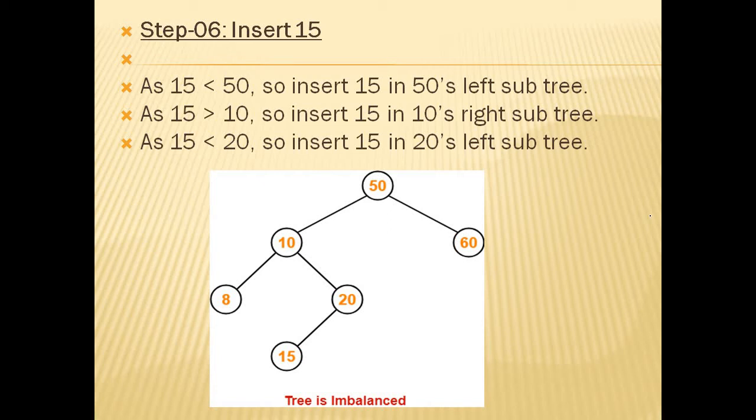Here, 1, 2, 3: the left-hand side is 3, the right-hand side is 1. 3 minus 1 is 2. When it comes to here, 1 minus 2 is minus 1, not a problem. But here I found imbalancing.